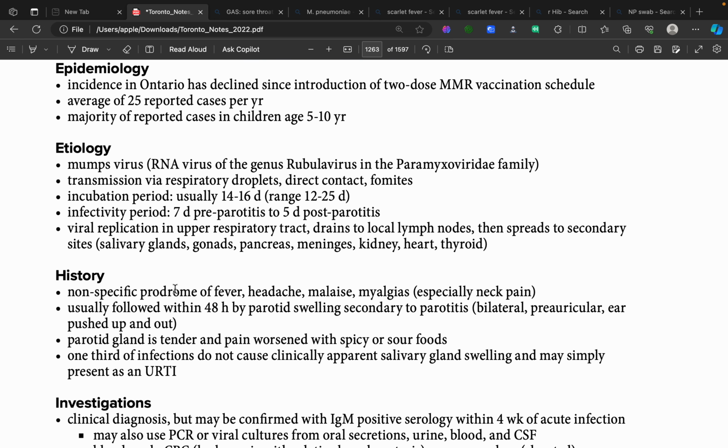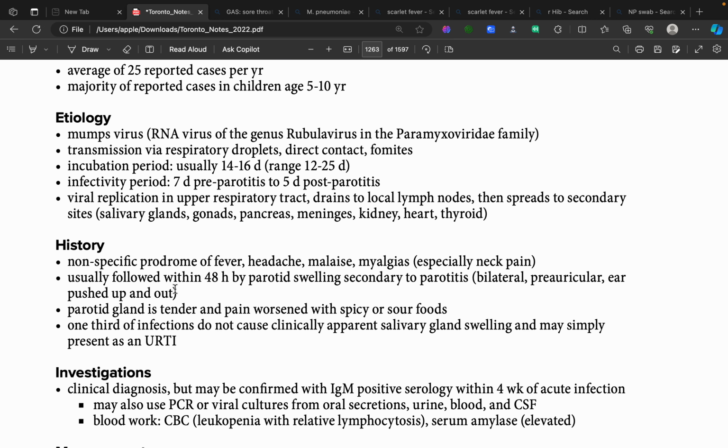Okay, let's go through the signs and symptoms. Non-specific prodrome of fever, headache, malaise, myalgia, usually followed within 48 hours by parotid swelling, secondary to parotitis. The parotid gland is tender and pain worsens with spicy and sour food.